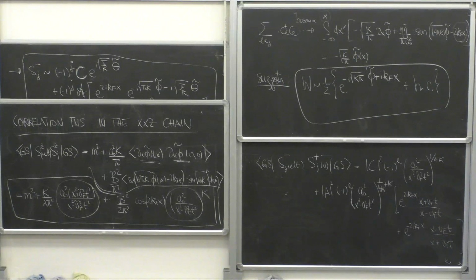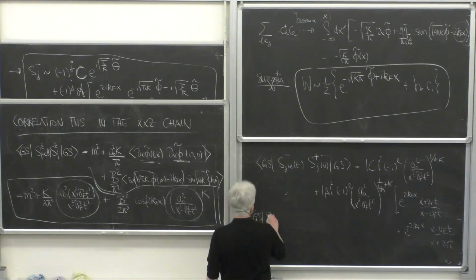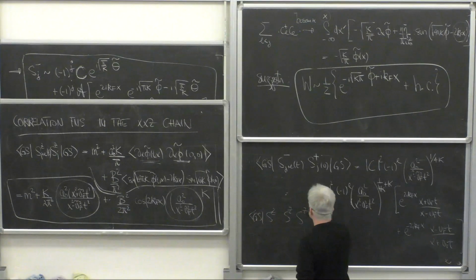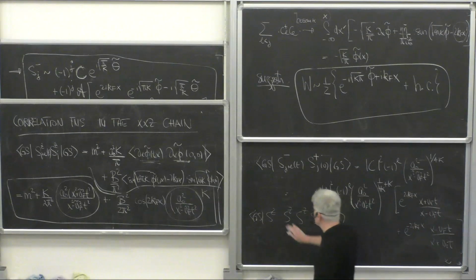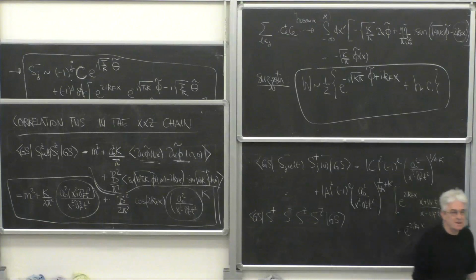So let's say I were to give you a homework problem, compute SZ, SZ, SZ, SZ. Or if this is too easy for you, then we can also talk about S plus, S minus, SZ, SZ.